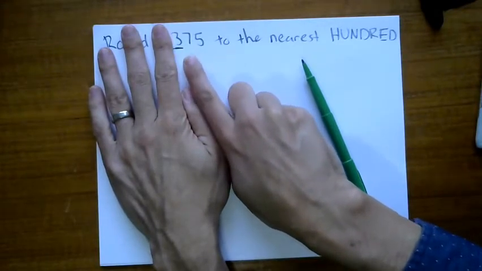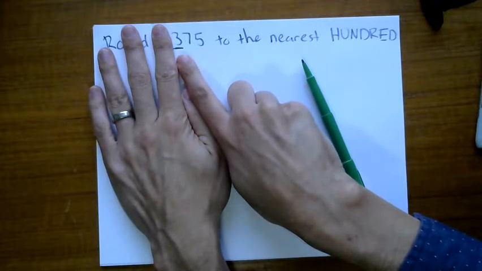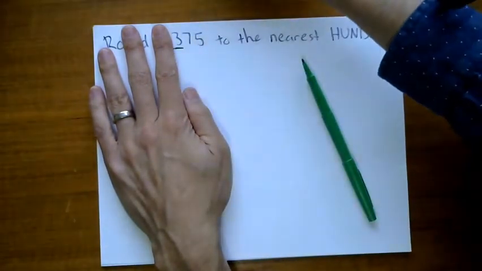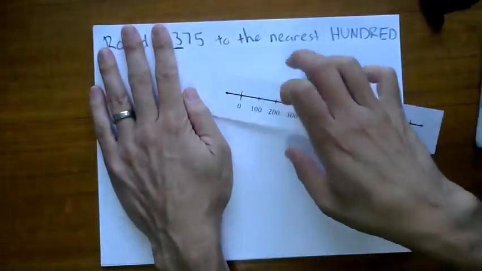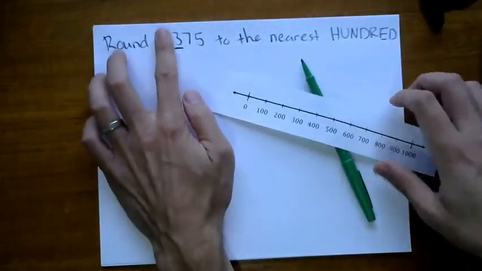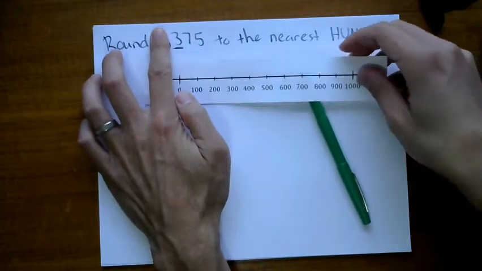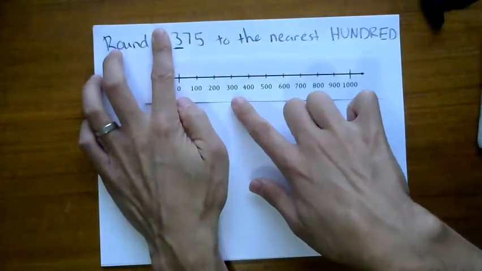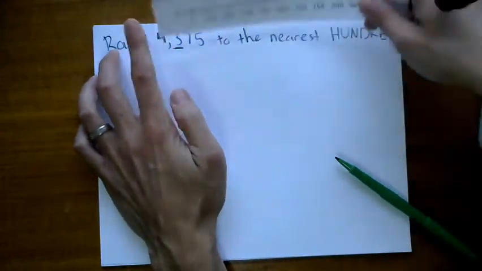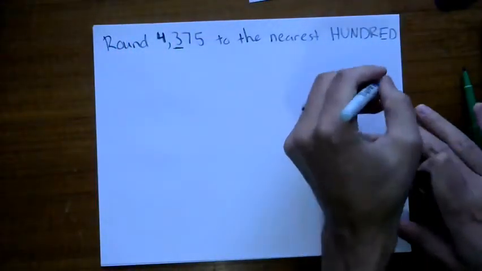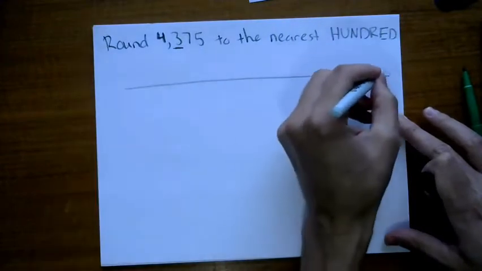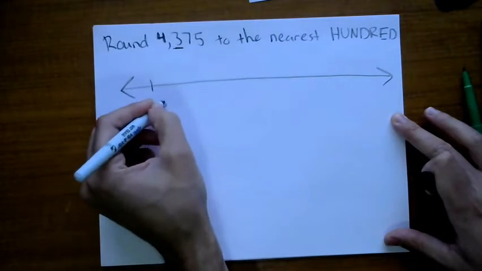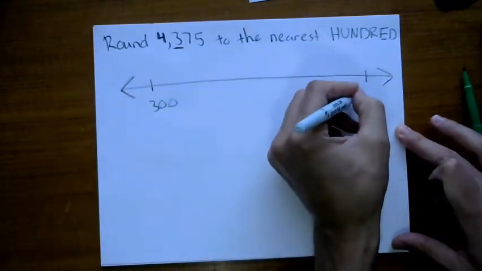It might be easier for you because if you're just thinking about rounding 375 to the nearest hundred, that might be easier than if you have the 4 distracting you. So if I have my hundreds rounding options, I know that 375 is a little bit more than 300, but less than 400. So I can make my number line based on that. So 375 is more than 300, but it's less than 400.